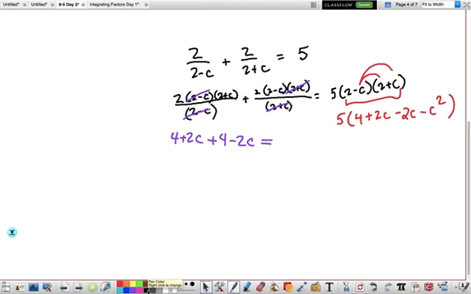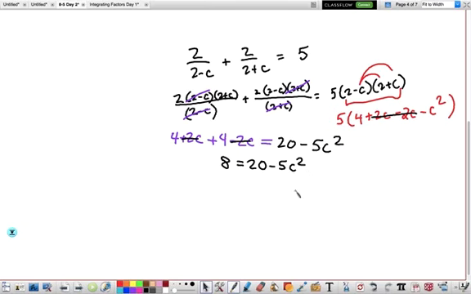So you see something nice happens? No more c's right there, right? You don't see any more c's. 5 times 4 is 20. 5 times negative c squared is negative 5c squared. And let's simplify this side. 2c and negative 2c cancel. 4 and 4 is 8.